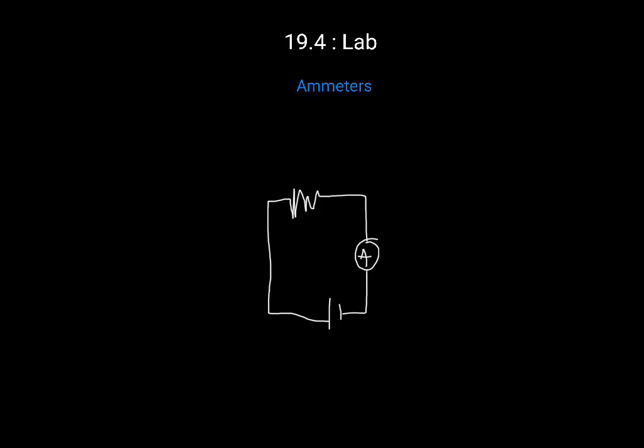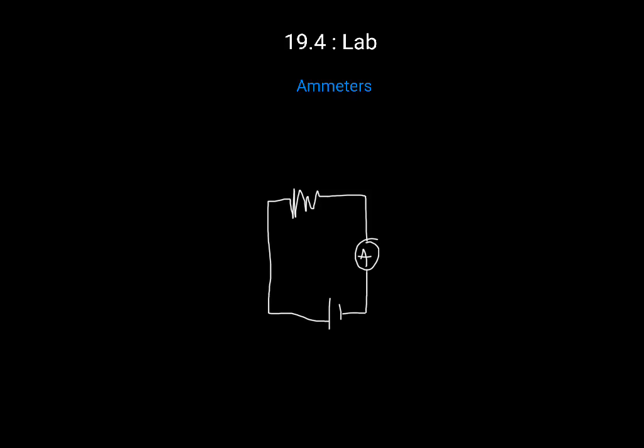Now, in your lab, you're not going to actually be doing any connections with an ammeter. However, knowing how they work is going to be fairly important for future labs that we do, and if you ever do anything else with electronics. So I'm going to just go ahead and real quickly explain what's happening here. Now, when you're using an ammeter, it needs to be put in series, because for an ammeter, you're trying to figure out the current through our circuit.